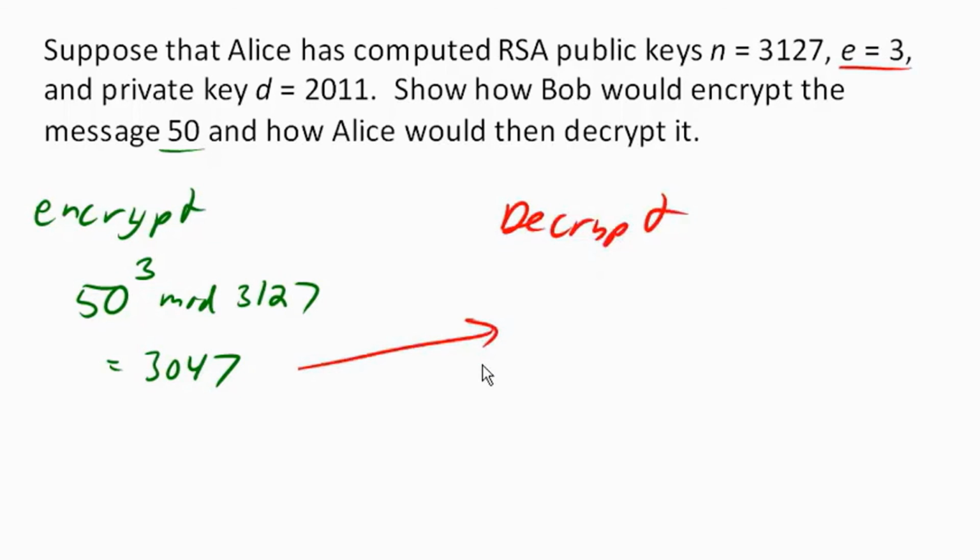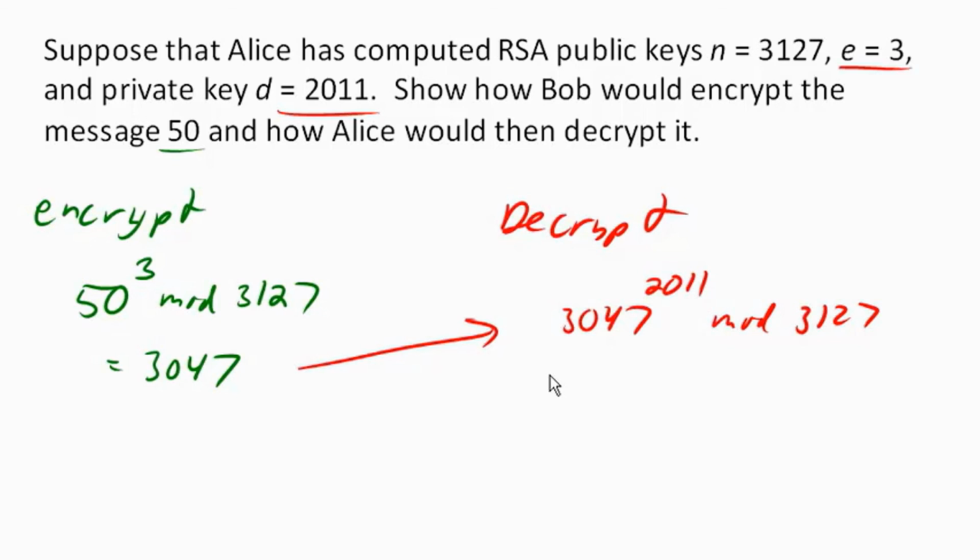So Alice then can decrypt it by raising this 3047 to the power of her decryption key, mod n. And again, she's going to need some technology help here, because this is not something that we can compute by hand or on a basic calculator without some tricks.